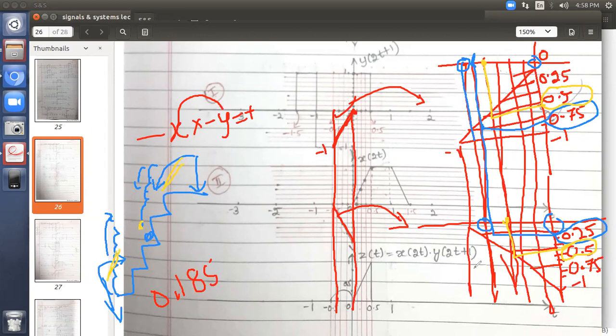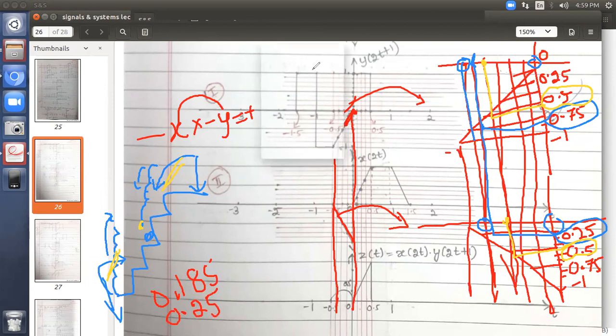So that is 0.5. 0.5 into 0.5, how much? 0.25. Let me write it here, and then at the end I can aggregate all.